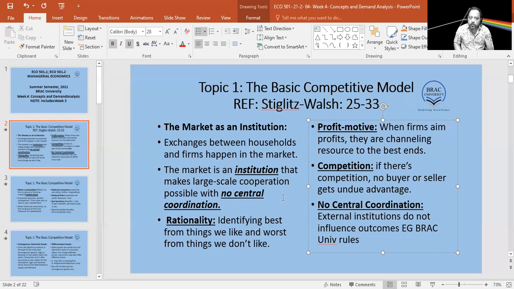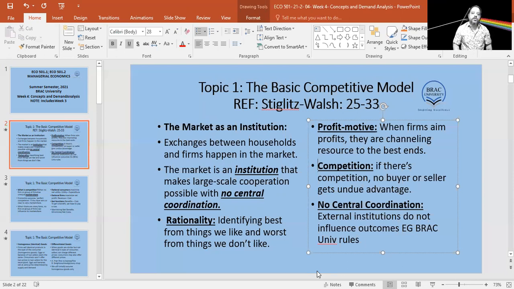Competition, which we're going to elaborate in a little while, is defined as: if there is competition, then no buyer or seller gets undue advantage. We will be looking at what happens when undue advantage happens, but before that, we need to look at the ideal situation where no undue advantage takes place.